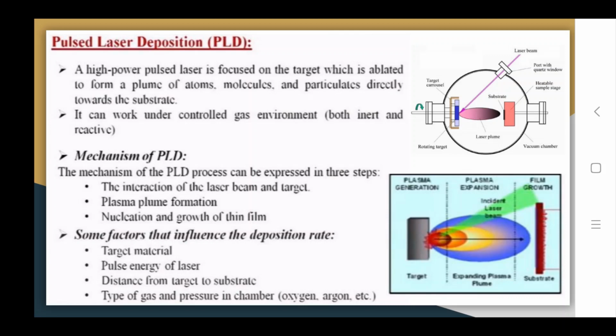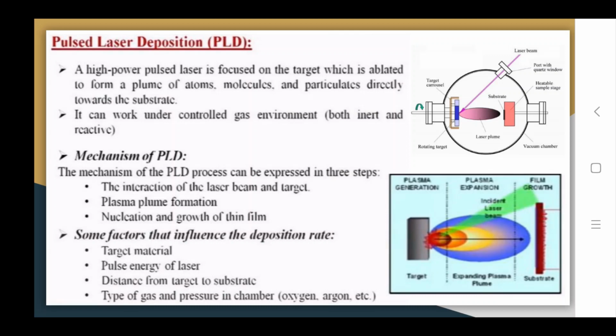So here first we are putting the laser beam directly onto the target itself, then it is creating a certain kind of plasma, that plasma is directly depositing onto your substrate material, and that is why it is called pulsed laser deposition.